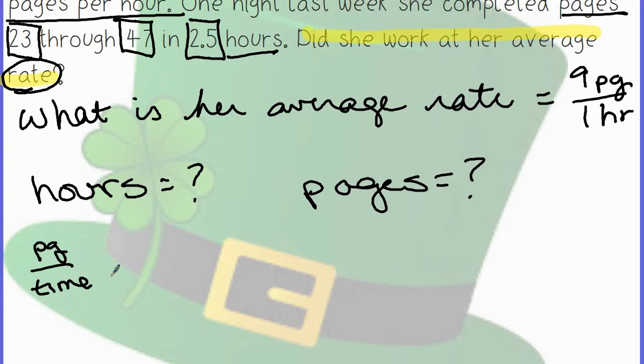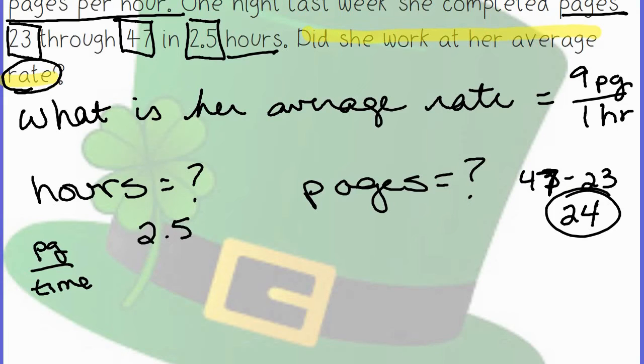Now here, it's not that she completed 23 pages or 47, she completed pages number 23 through 47. So how many pages is that? I would have to take that 47th page and subtract 23. 7 minus 3 is 4, 4 minus 2 is 2. So she completed 24 pages.